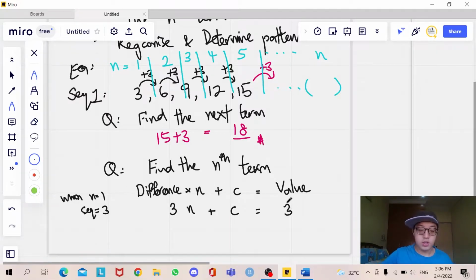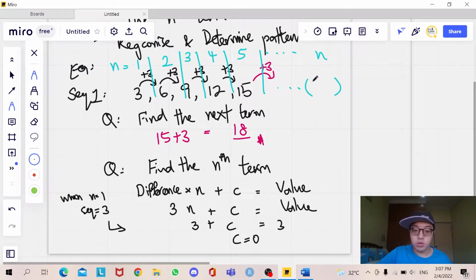So the nth term is equal to the value. When n equals 1 and the sequence equals 3, you will get 3 plus c equals 3. Therefore, c equals 0. So the nth term here is 3n, because if you substitute 0 back into c, you get 3n.